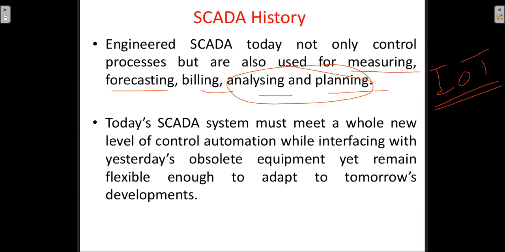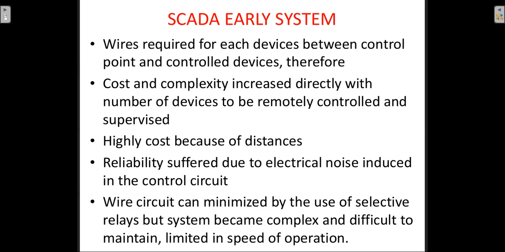Then moving ahead, we have the early SCADA systems, and how they were perceived. Definitely the systems were connected by virtue of wires. Wires were required for each device between the control point and the control devices. Because of this, the cost and complexity were very high, especially when a large number of devices were required to be remotely controlled and supervised.